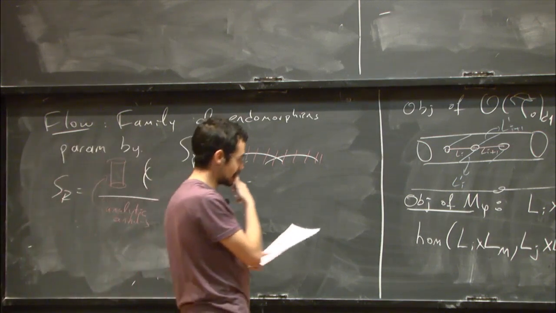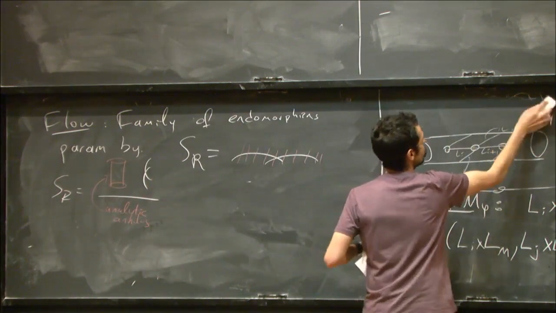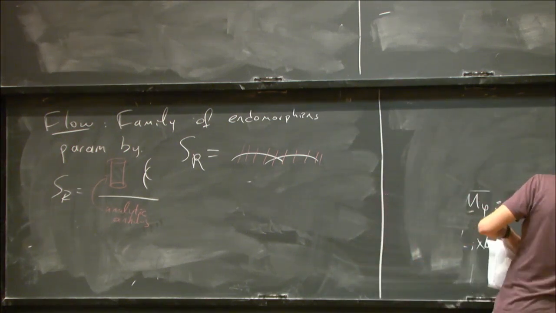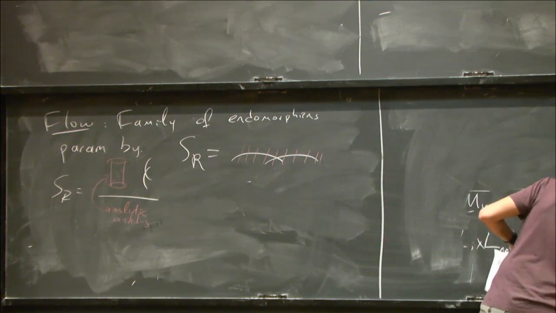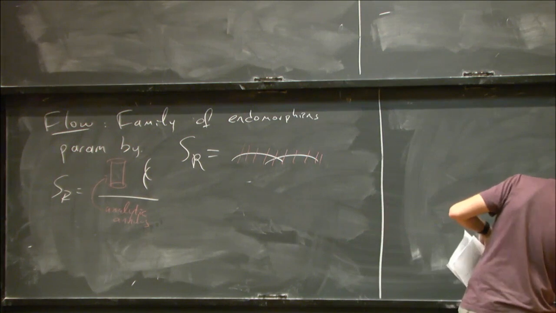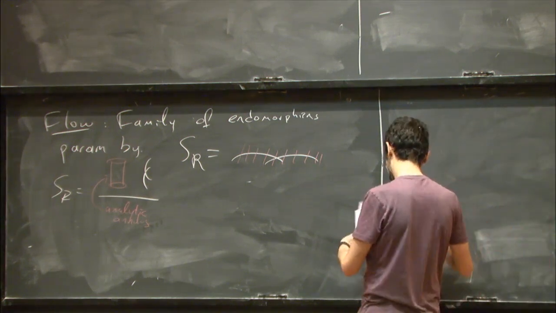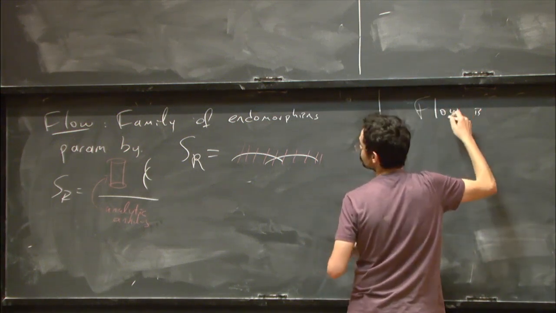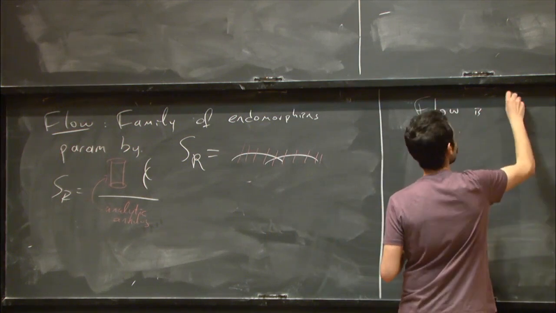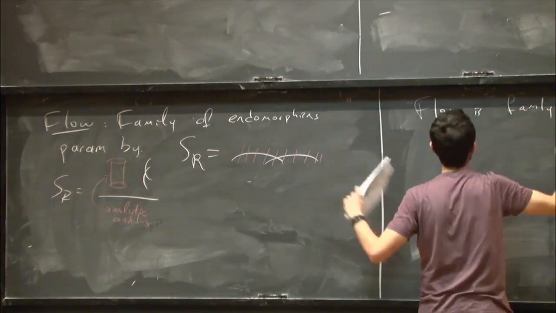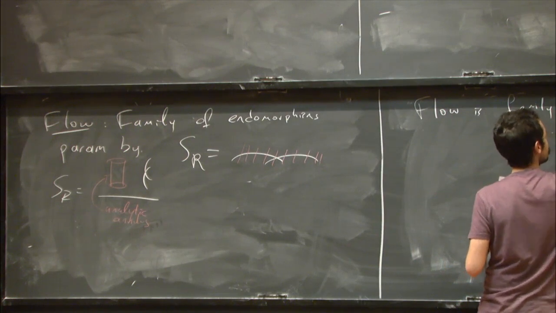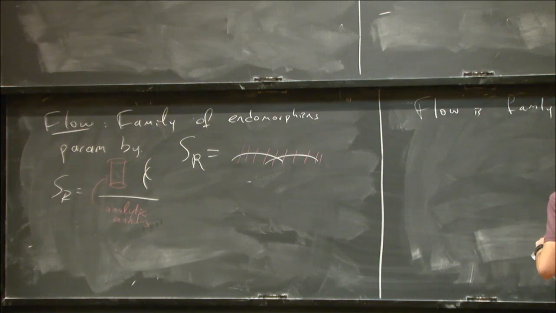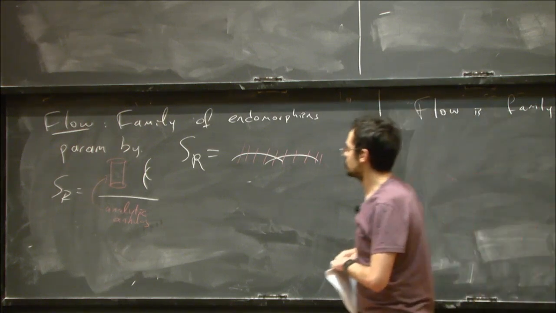Okay. So flow is a family of endomorphisms G phi parameterized by SR, and it's a solution to an initial value problem, right?